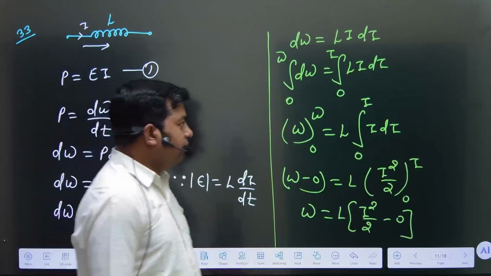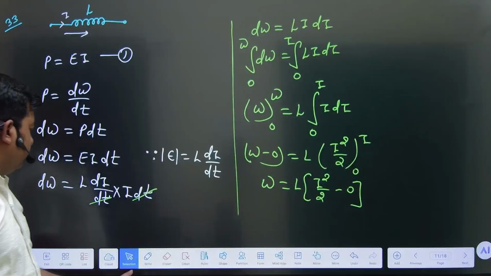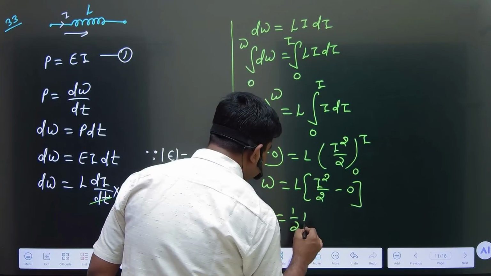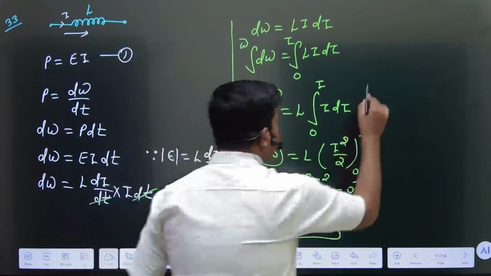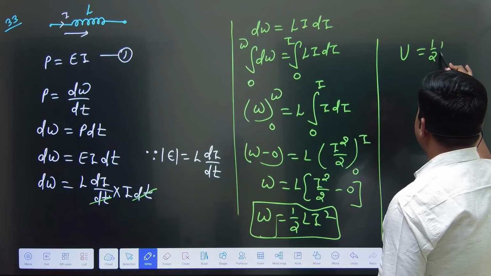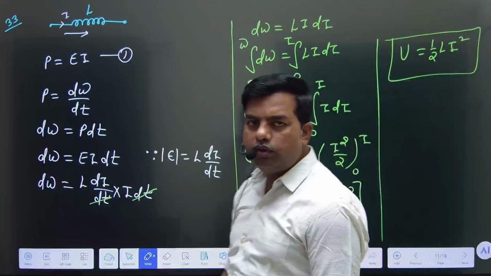When we multiply the terms, we get work done equal to half L I square, and we know that work done equals potential energy here. So the potential energy stored in the inductor U equal to half L I square. This is your relation. Clear to you?